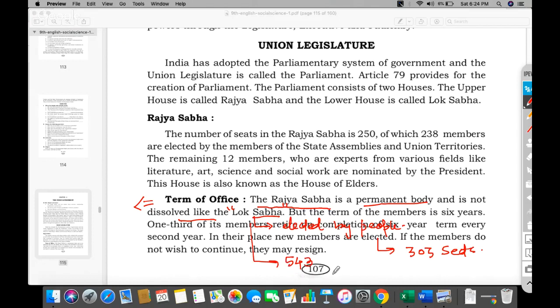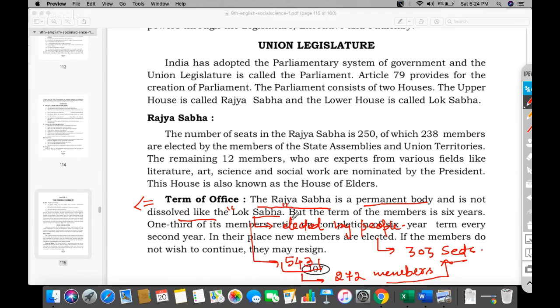Any party or a group of parties, which we call a coalition in India, that wants to make government in Lok Sabha needs to have half of 543, which is 272 members. BJP itself has 303 members. That's why it was able to form government in Lok Sabha. Now try to understand.